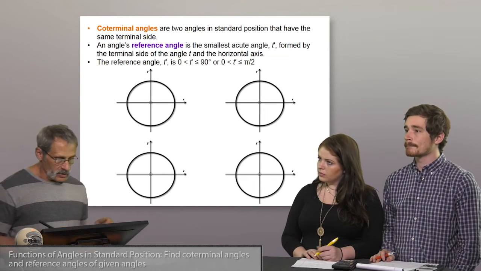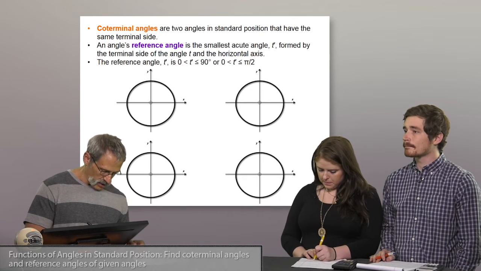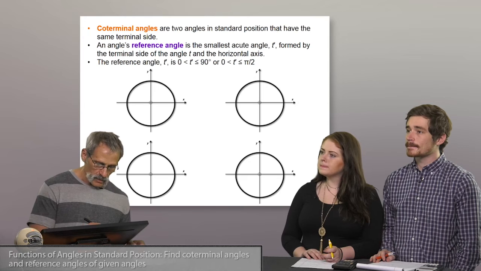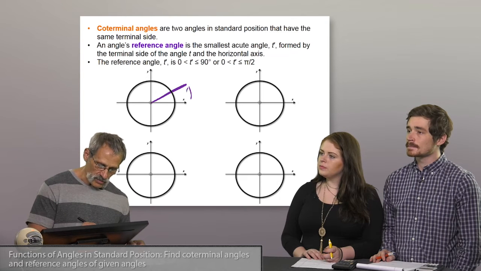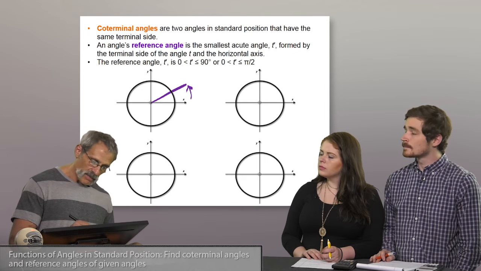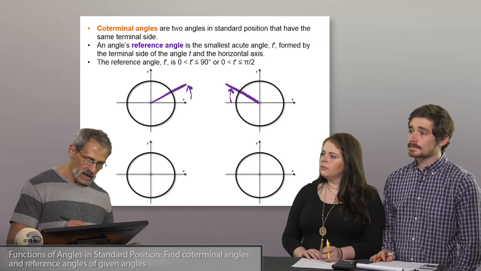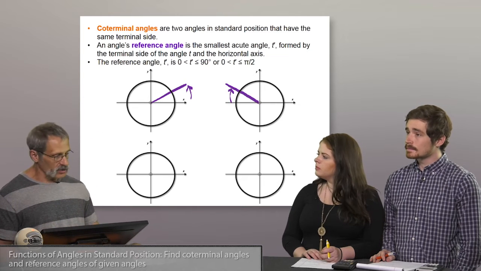If I'm in quadrant 1, the reference angle would be the actual rotation if that angle was less than 90 degrees, or pi over 2. If I'm in quadrant 2, the reference angle is the shortest rotation from that horizontal x-axis. It would be this measure right here.